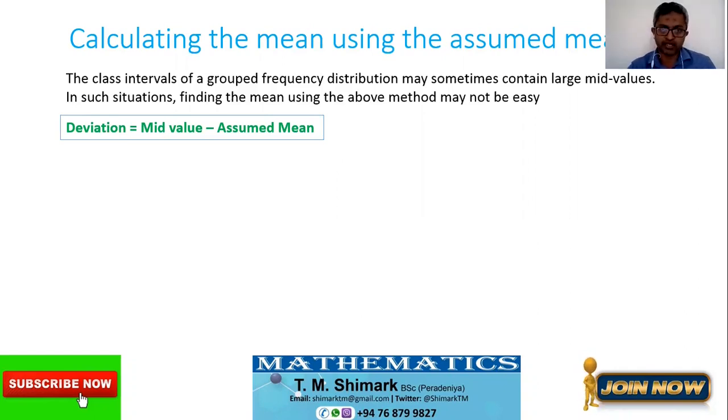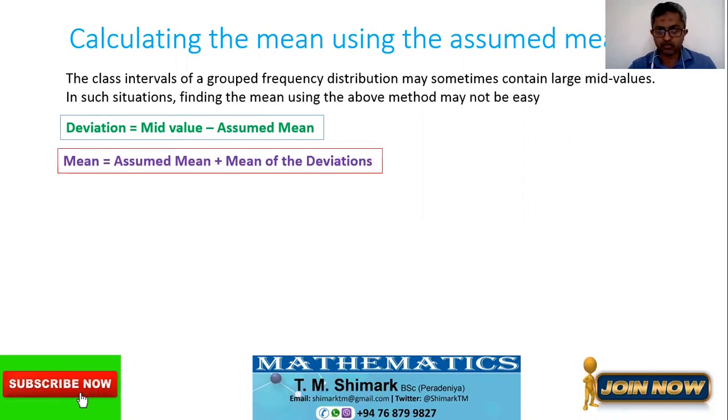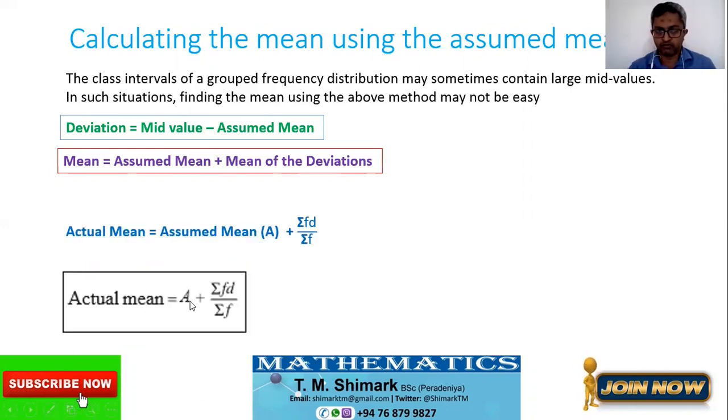That's the main idea. After finding that, we will be able to get the mean, which is the assumed mean plus the mean of the deviations. So the actual mean is going to be the assumed mean plus the addition of fd divided by the total frequency.